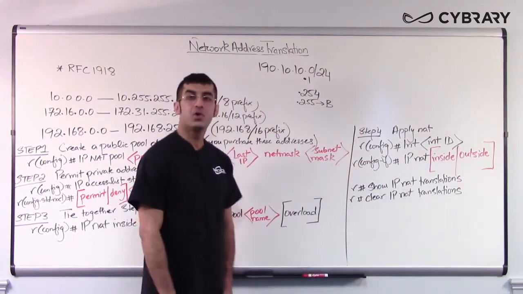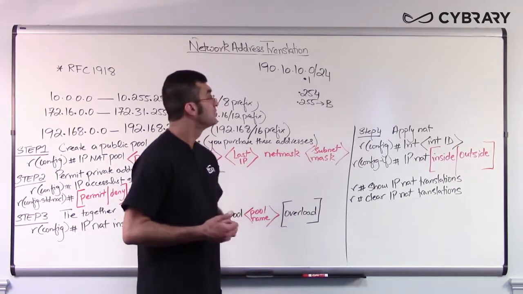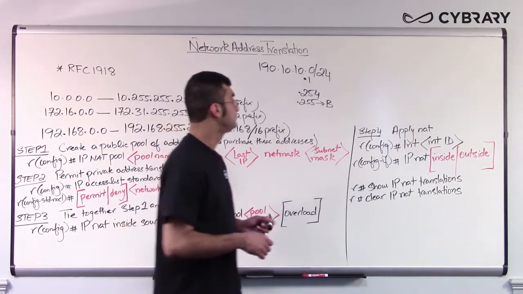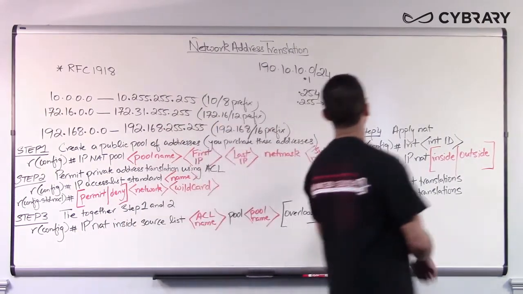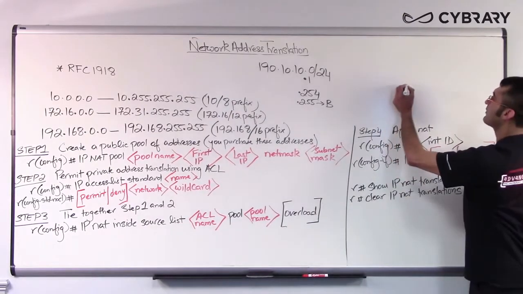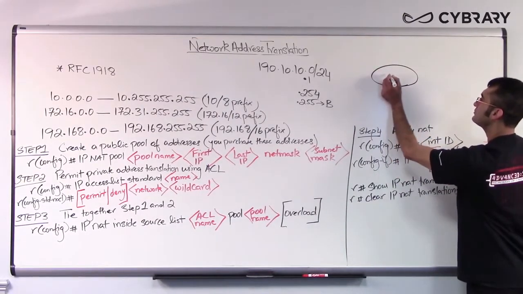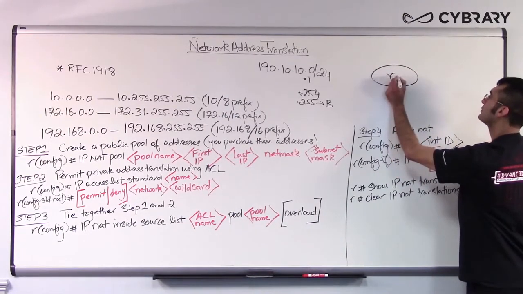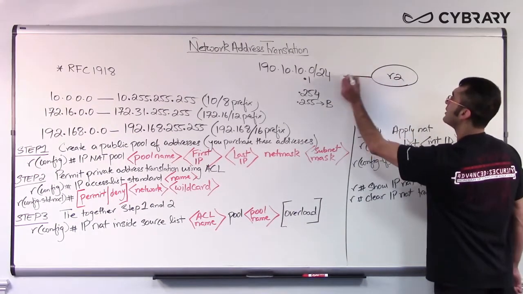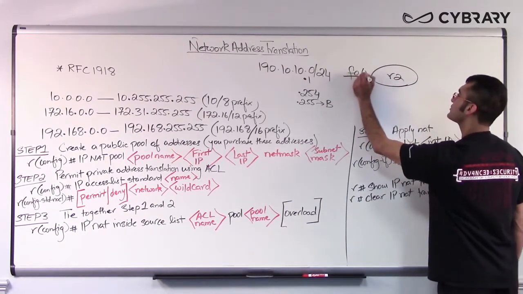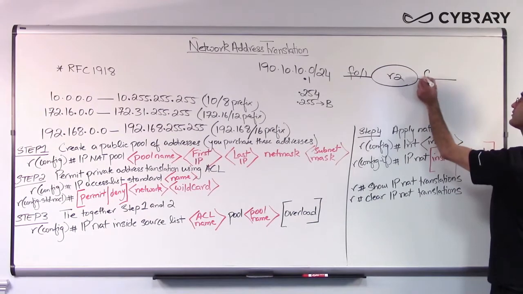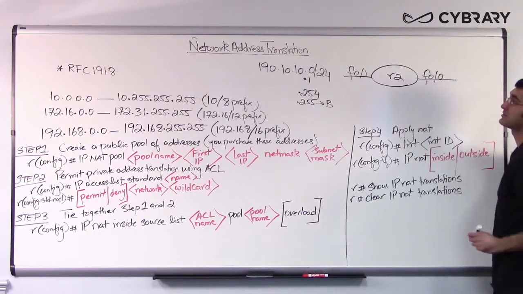Then you have to go apply your NAT. So let's assume that, let's just say you have a router 2, let's say. And you have F0/1 on this side and F0/0 on this end.